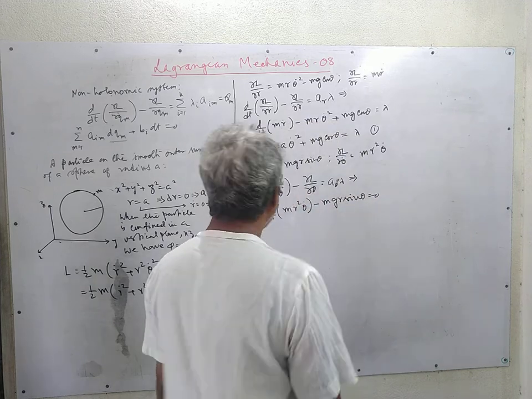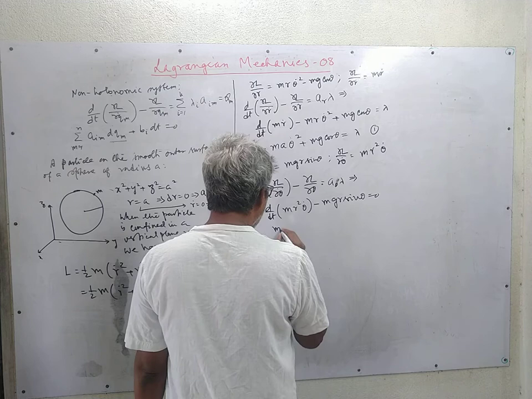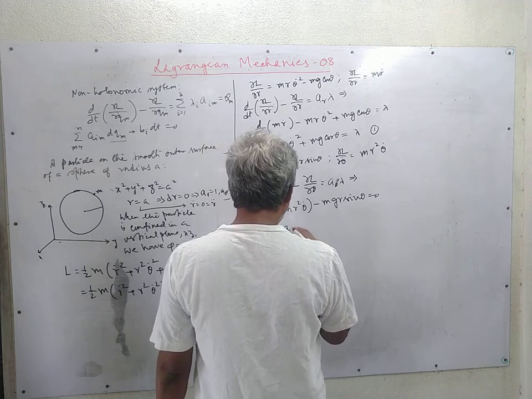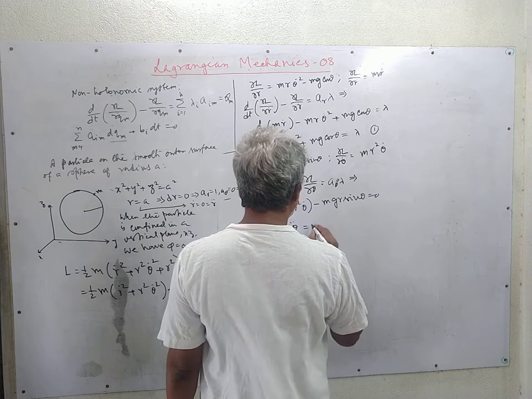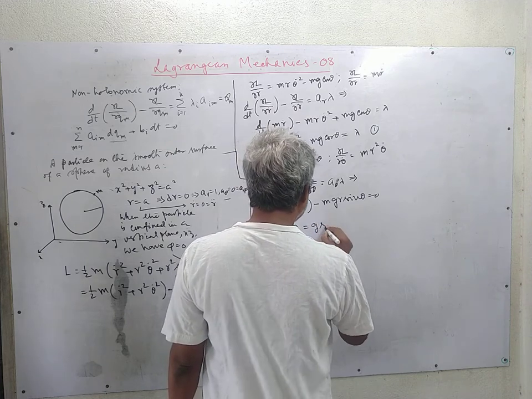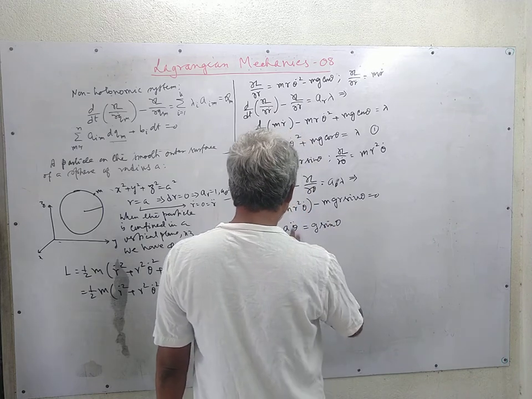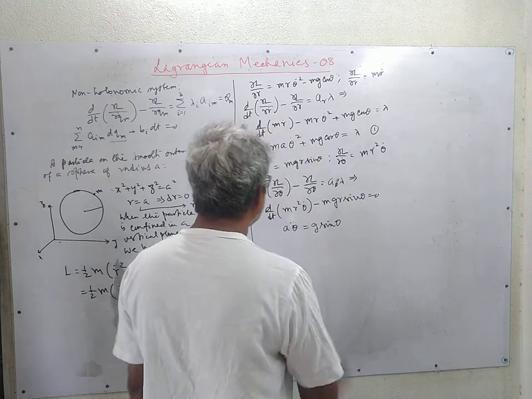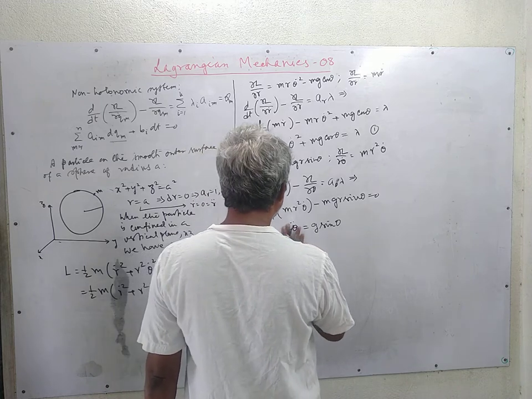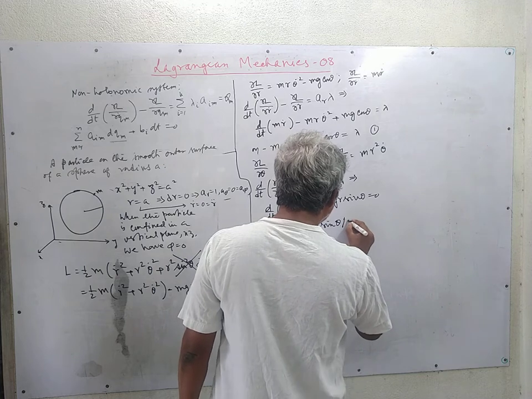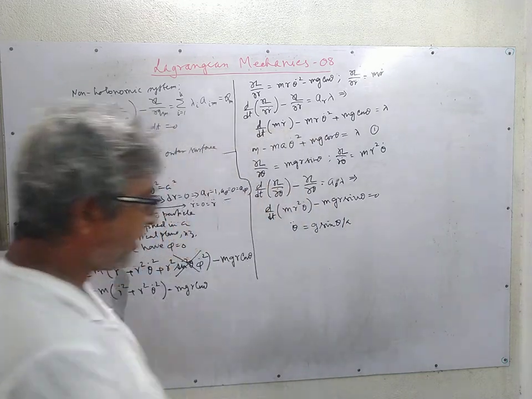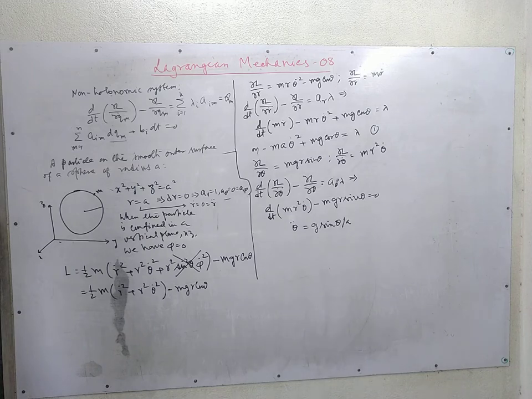Since r equal to a is constant, m a theta double dot equals mg sine theta, and m cancels out. So theta double dot is g sine theta by a. This is the equation we get for theta double dot.